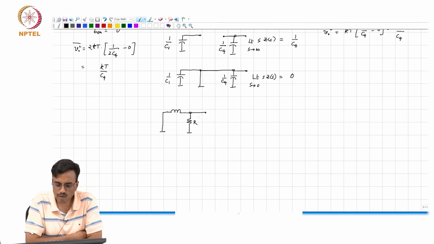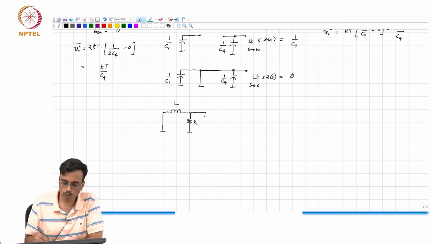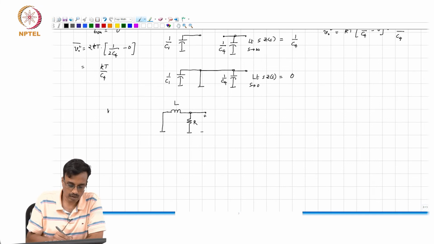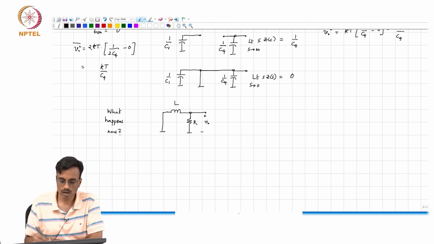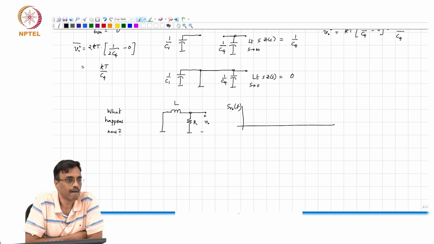Correct. What comment can we make about the spectral density at the output at this node? How will this look like?